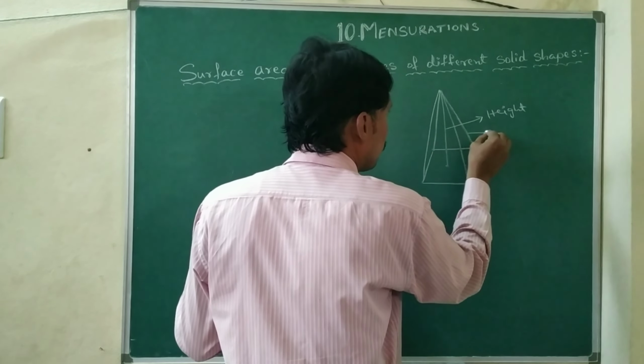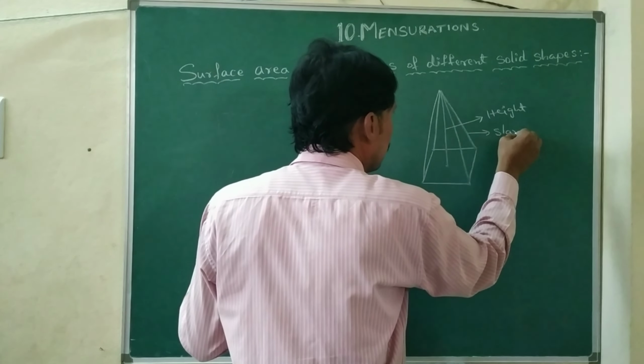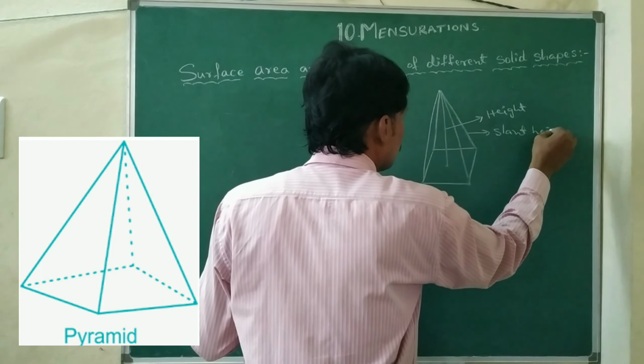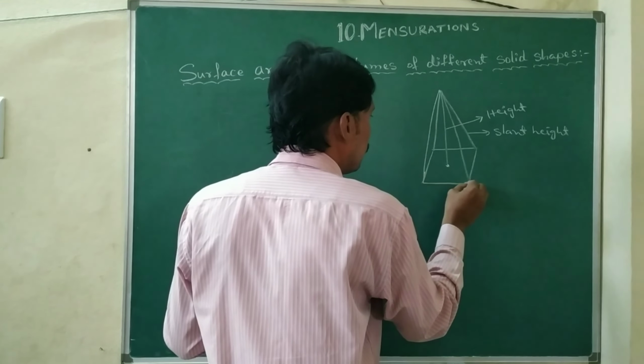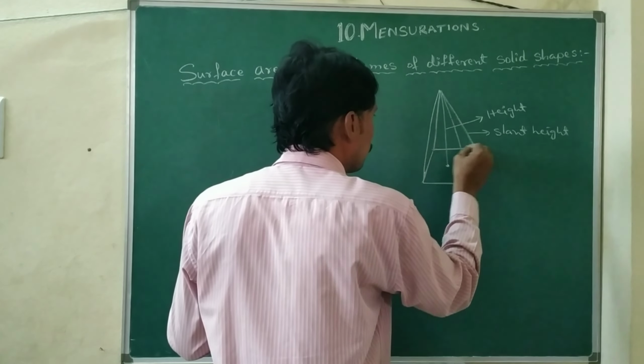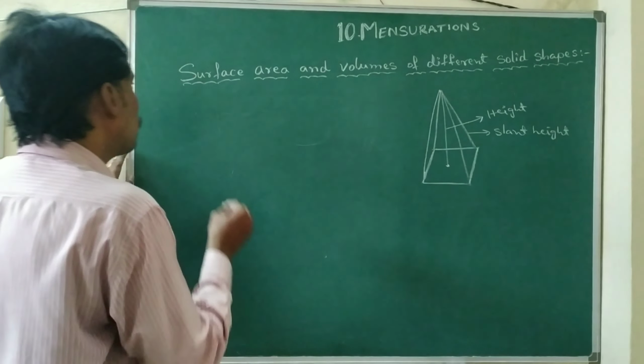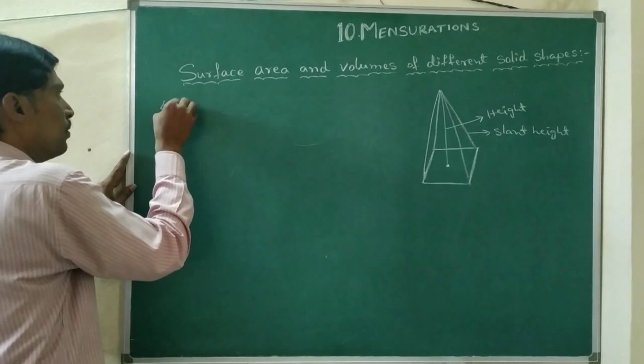This one we can say is the slant height. This base is the shape of a square. Now the fourth one, it is the right pyramid.